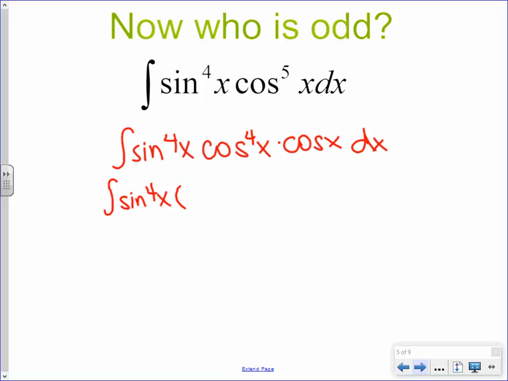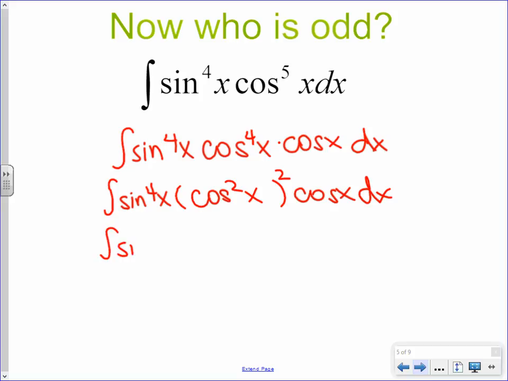So now we're going to change cosine to the fourth. Cosine to the fourth is the same thing as cosine squared squared. This is why we want an even power, so we can write it in terms of either cosine squared or sine squared.